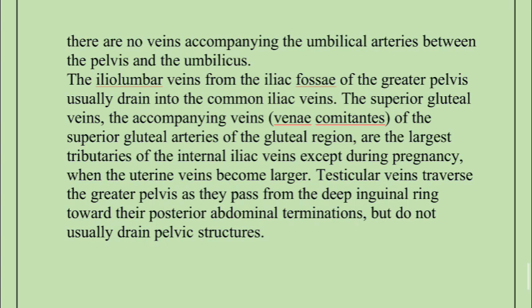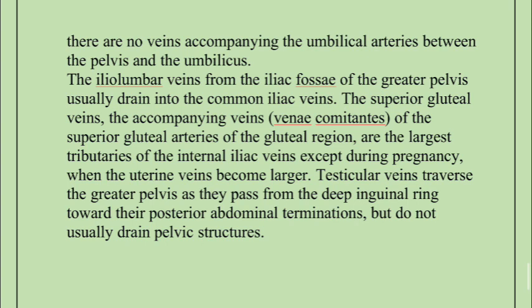Except during pregnancy. What happens in pregnancy? In pregnancy, the uterine veins become larger than the superior gluteal veins because of the demands of the pregnancy. The uterine veins have to be larger. They have to get larger during pregnancy, so they become larger than the superior gluteal veins.